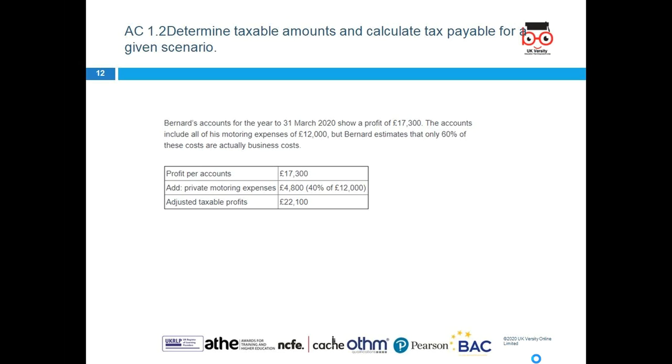So when you add it back to 17,300, you get a new taxable profit. My taxable profit should be 22,100, yes. And on this one I have to pay the tax.